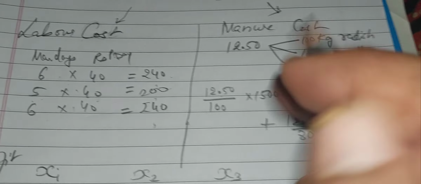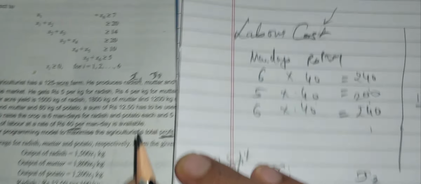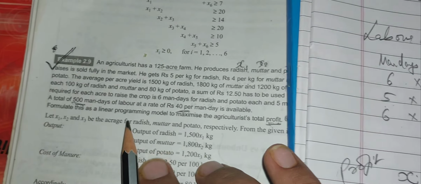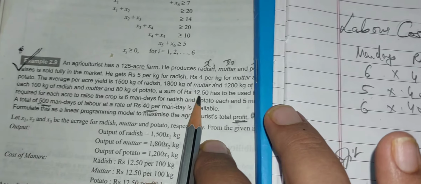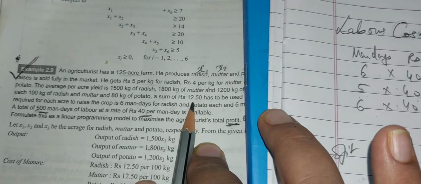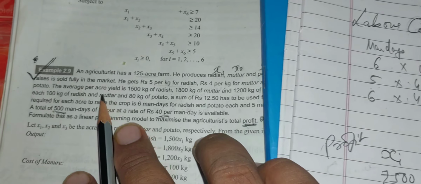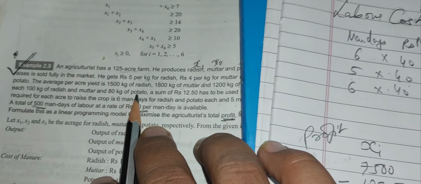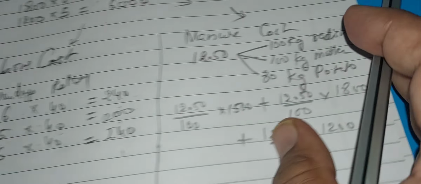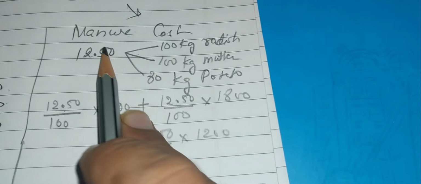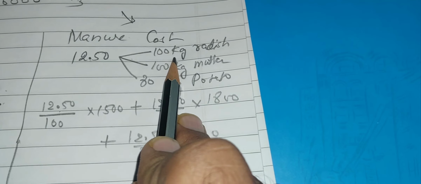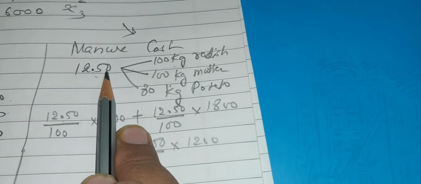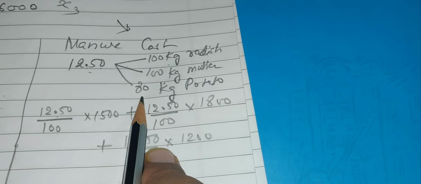Now I am going towards the second cost, the manure cost. You can read here, manure cost is also given, 12.50, but again they have given that it is for each 100 kg of radish and mutton and 80 kg of potato. So see here, you have been given a ratio: 12.50 for 100 kg of radish, 12.50 for 100 kg of mutton, whereas 12.50 for 80 kg of potato.